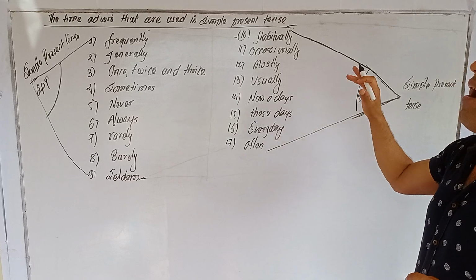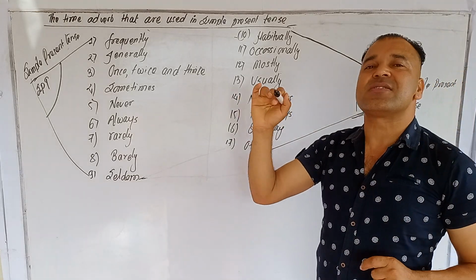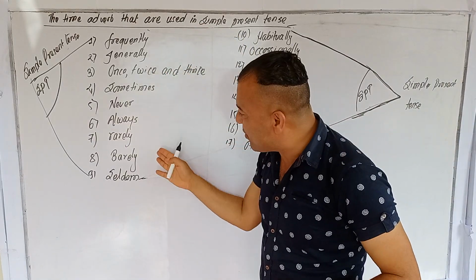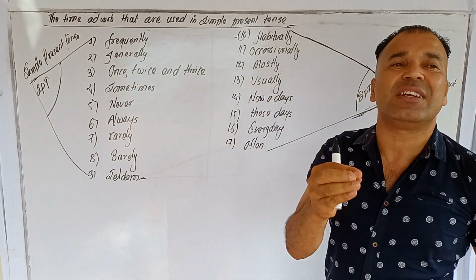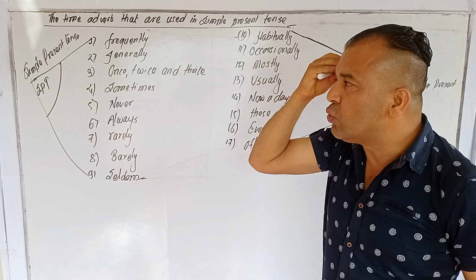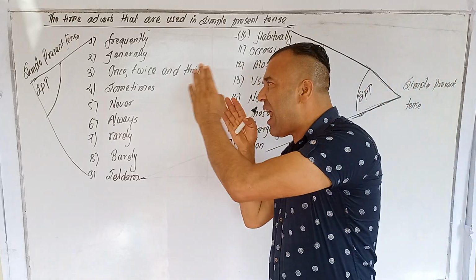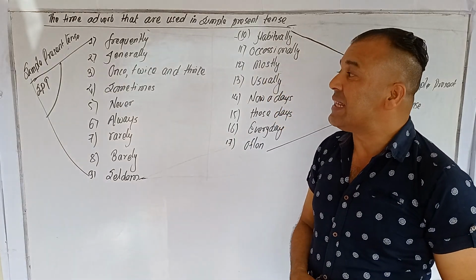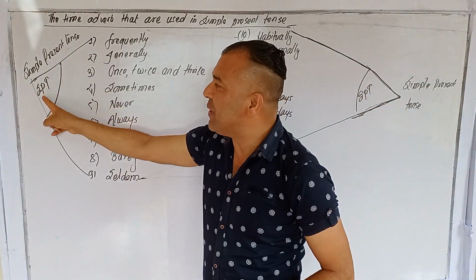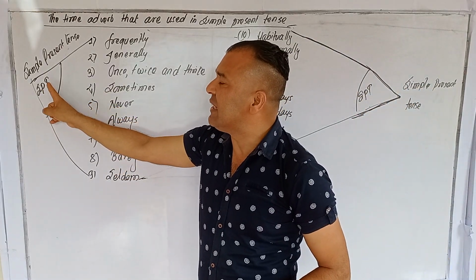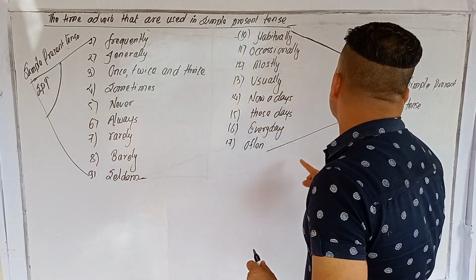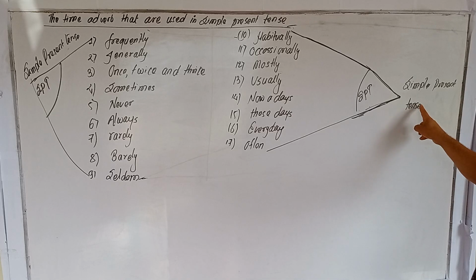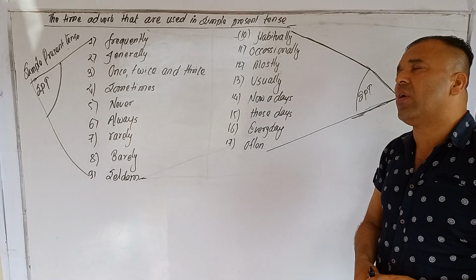These adverbs are used in simple present tense. If these time adverbs are mentioned in any sentence, you have to centralize your brain towards the simple present tense, SPT. These 17 or more others.